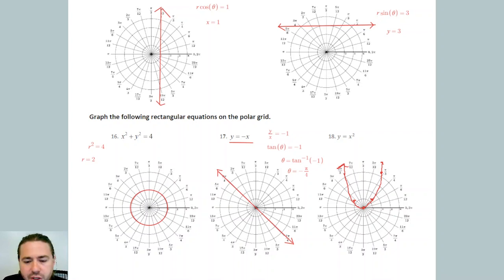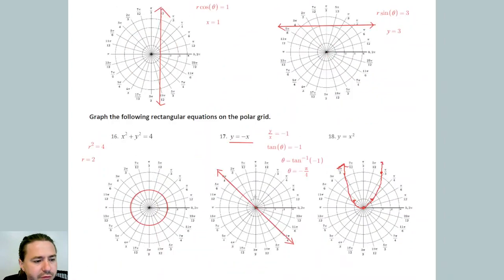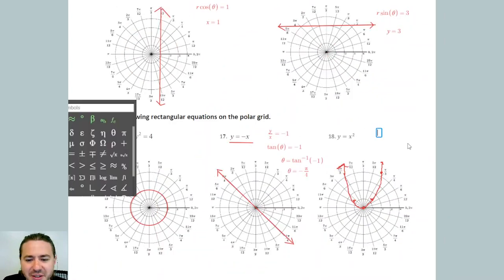And that's pretty much it. You don't need to convert this. You could, I guess, just for fun, since we did all the other ones. You get r sine theta, which is y, equals r squared cosine squared.